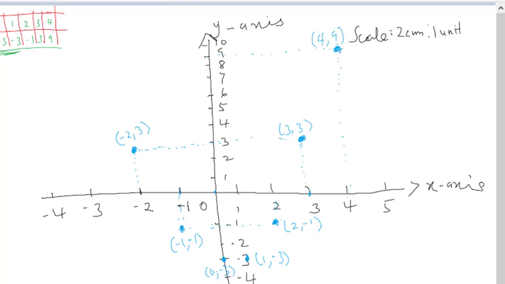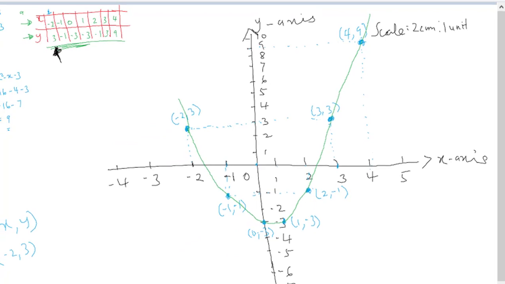Then from there, you draw your curve nicely to pass through. Nice and gentle to pass through. Good. So this is our graph.